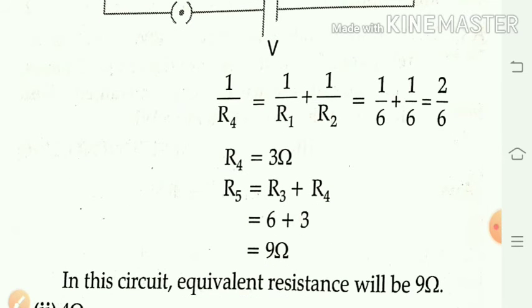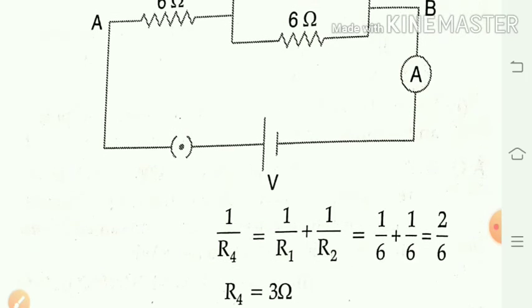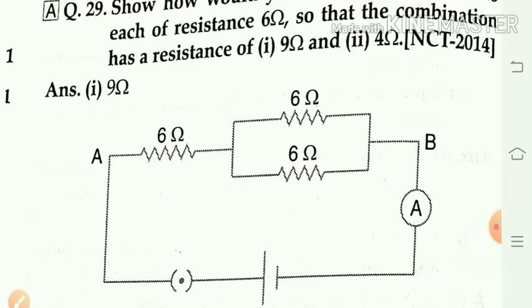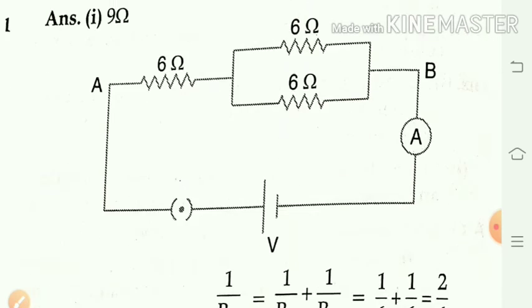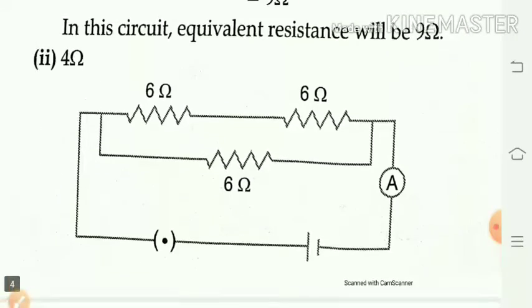Now, in order to get 9 ohm, we can write R5 is equal to R3 plus R4, so we are getting the equivalent resistance equal to 9 ohm. Therefore, this is the possible combination of the 3 resistors. Of the 3, 2 are connected in parallel and 1 is connected in series combination.